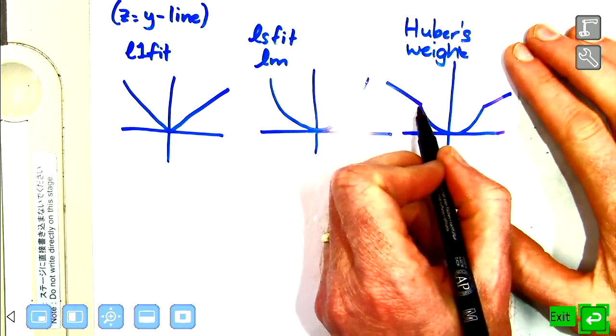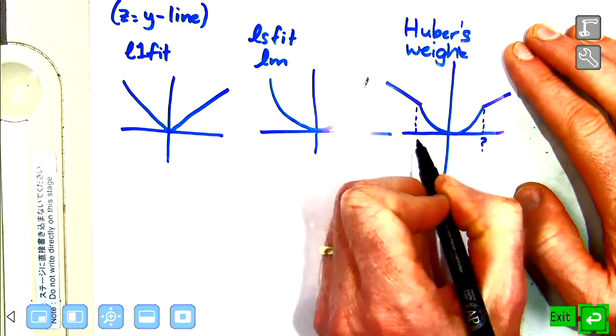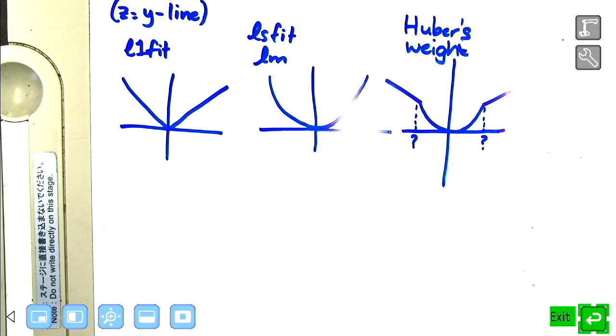Now, we do have to decide what these points here and here are. How are we going to decide where the tails begin? This is where we get a hint from the normal distribution. If you think about the normal distribution, where's the middle and where do the tails start? Calculus can actually tell us the answer.